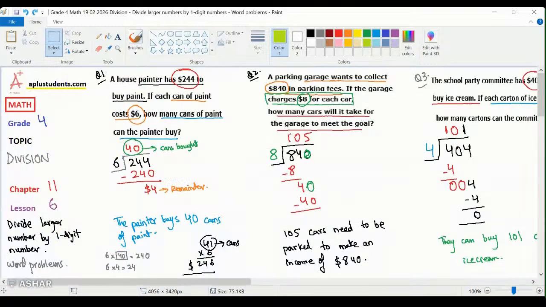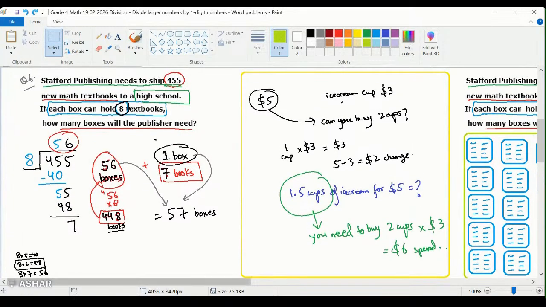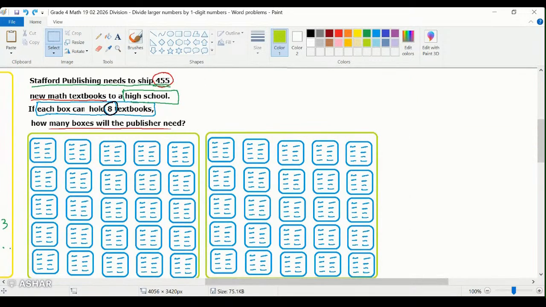Okay, we have 400 books, right? I'm just relating to this. See, this was 8, 16, 24, 32, and 40. 40 plus 40 is 80 plus 40, 120 plus 40, 160 and 200, right?